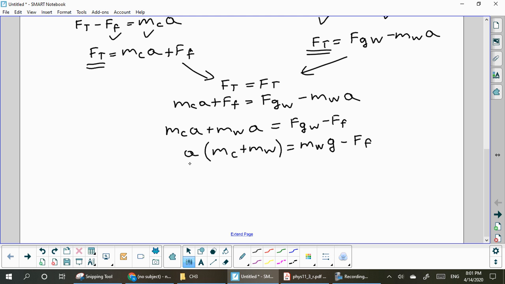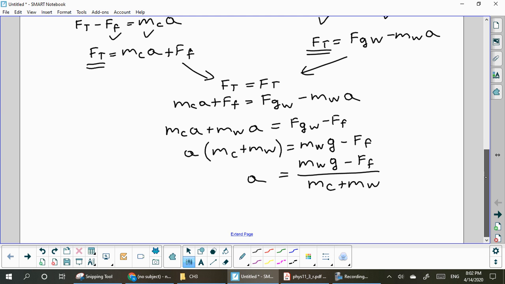And now to isolate A, we're going to divide both sides by this bracket, MC plus MW, which means that acceleration is going to be equal to this. There we go. All right, that's it.